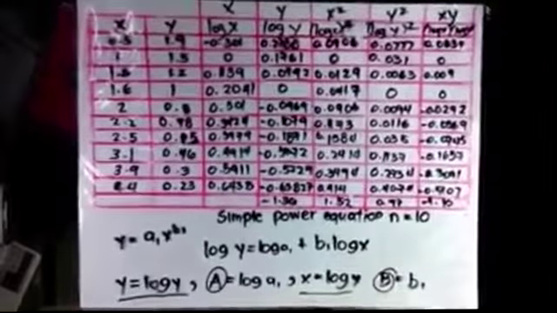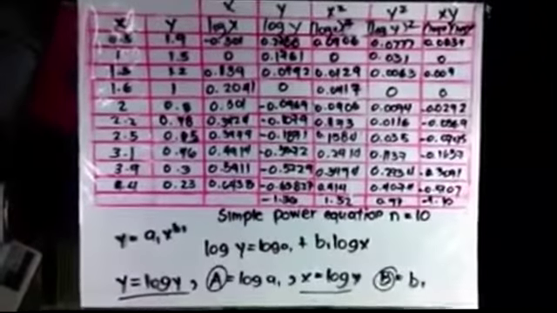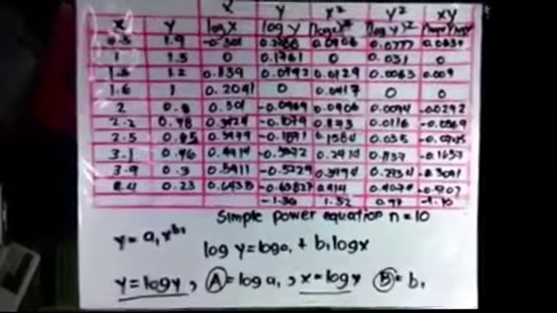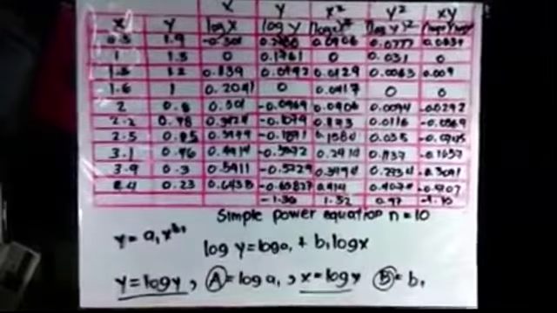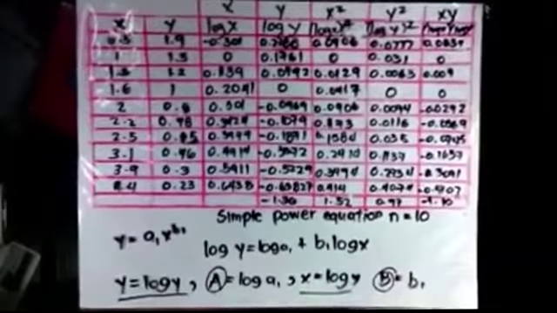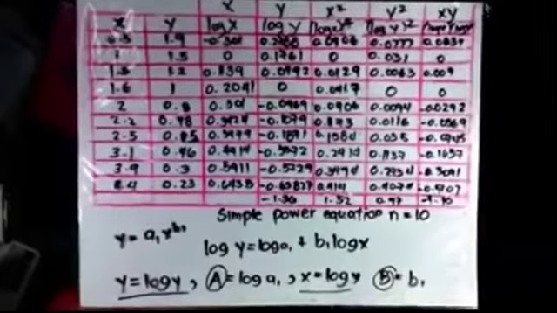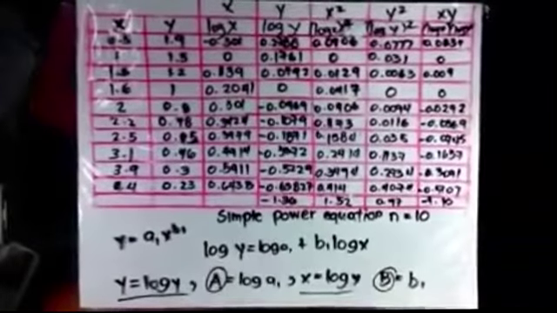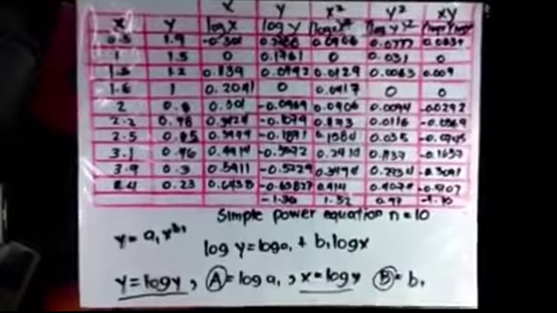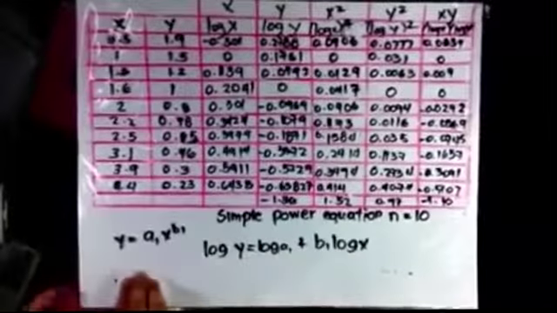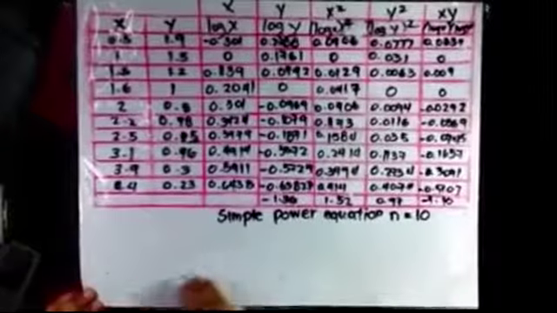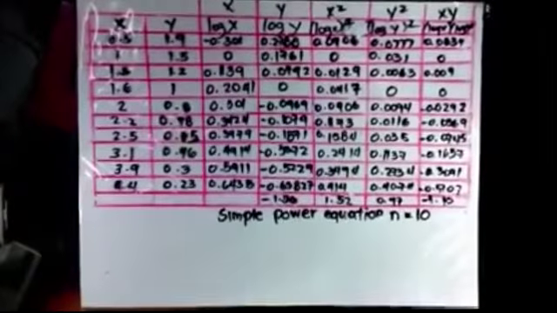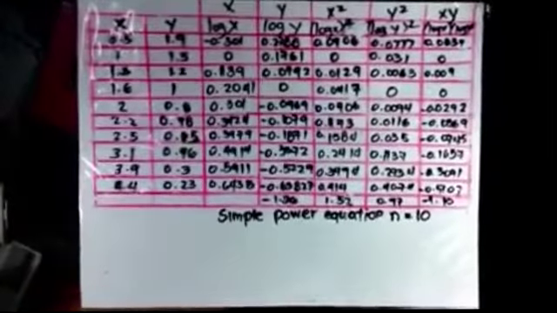So now we have the value of x squared, y squared, and xy. Then substituting the value from the formula of b, we can get the value of b. Then substituting again the given value, we can get the value of a.